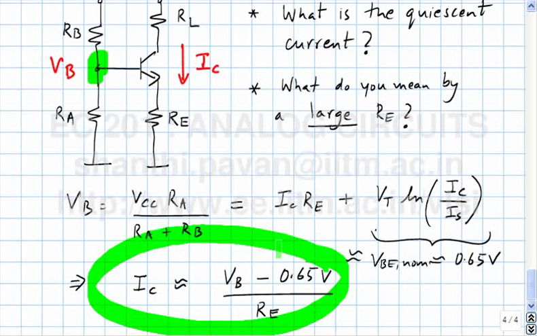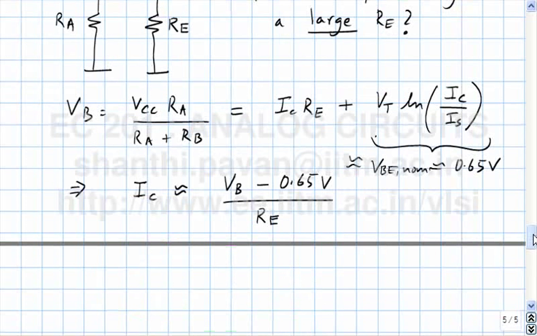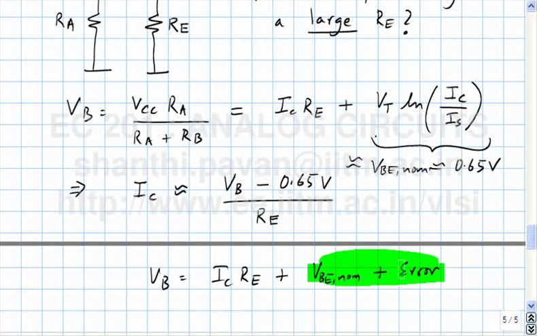When do you think this approximation will become more and more accurate? VB is IC RE plus VT ln IC by IS, which is VBE nominal plus some error. The moment you assume that the base emitter voltage is VBE nominal, it means that the true base emitter voltage is not quite what you've assumed, but there is some error associated with it.